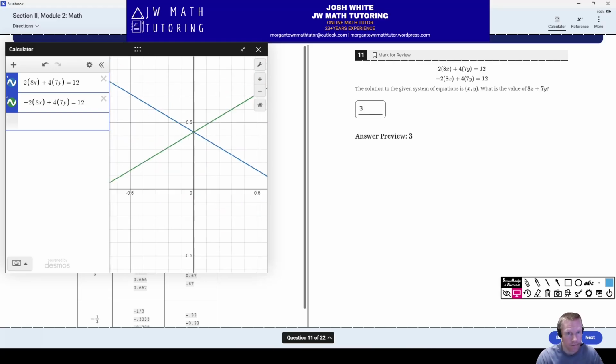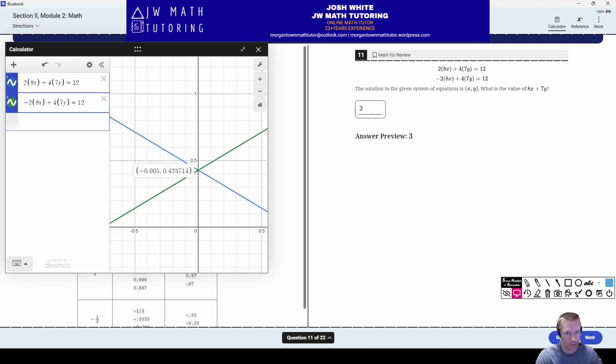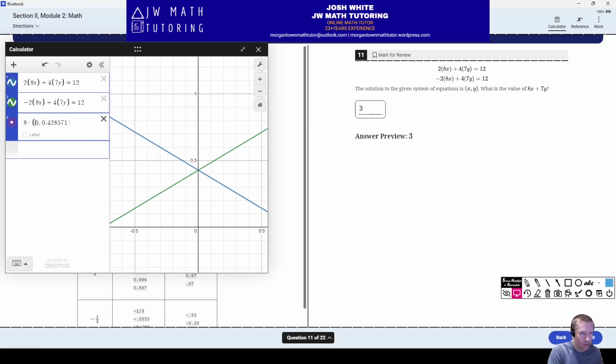All right, so I'm going to graph these two equations, and then I'm going to see where they intersect. And okay, here is my answer. All right, so I have my x, I have my y. So now you would say, okay, 8 times x plus 7 times y. So here's the problem.